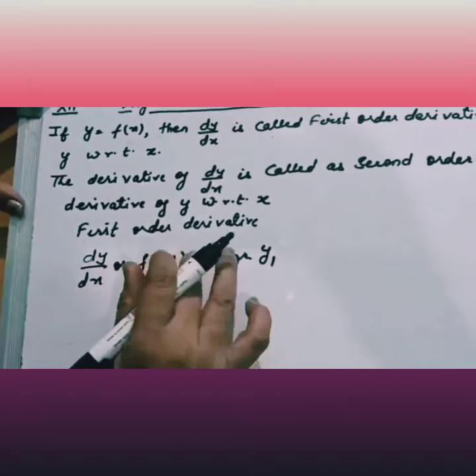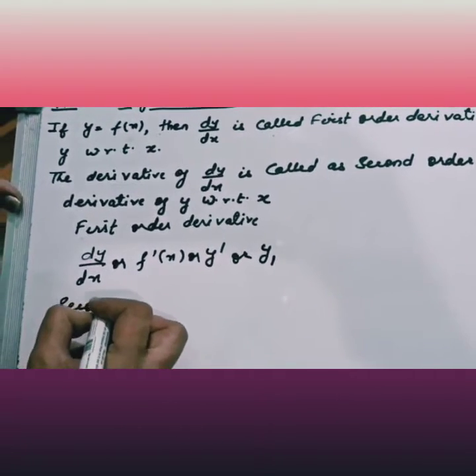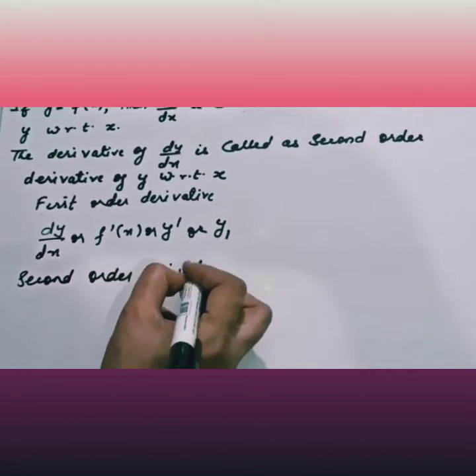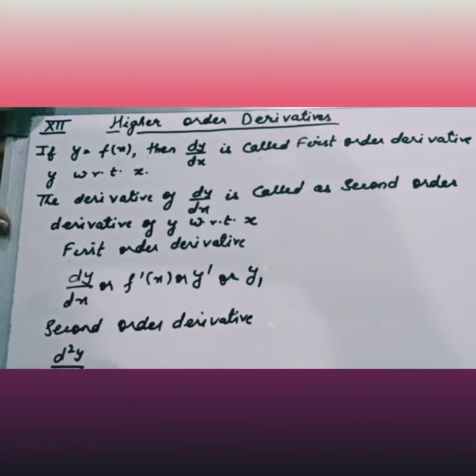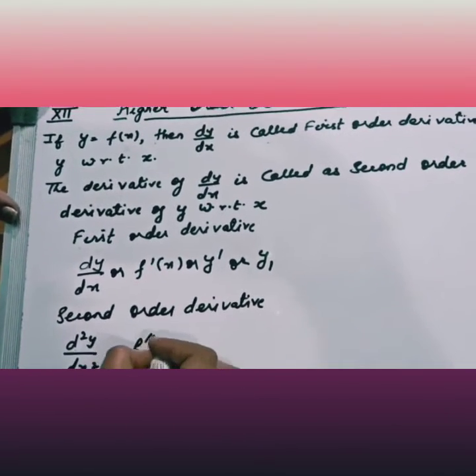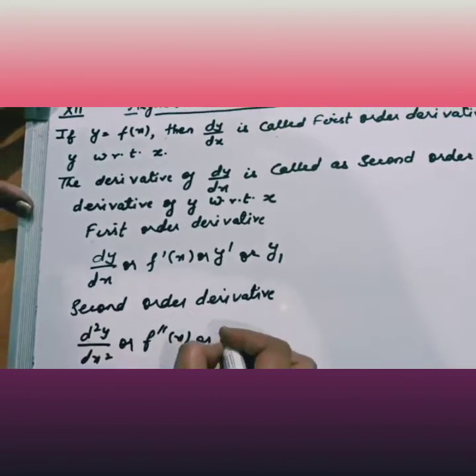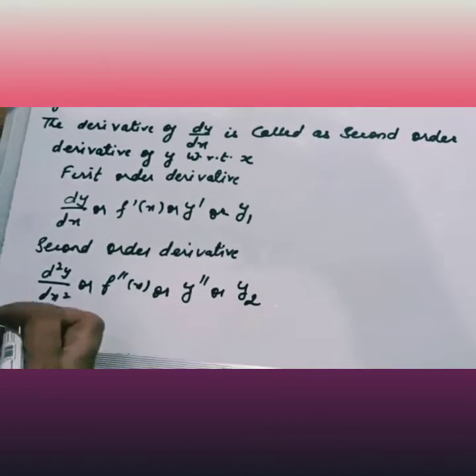Similarly, second order derivative is represented by d2y by dx square, f double dash x, or y double dash or y2, and so on.